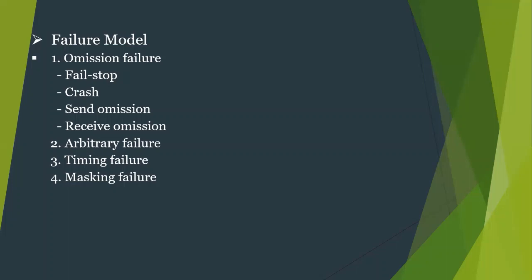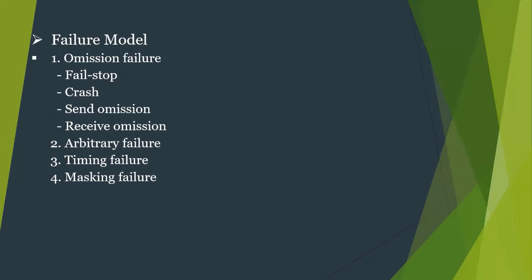Next is timing failure. These failures are relevant in synchronous distributed systems. In a synchronous distributed system, time limits are set on the basis of three time values: the process execution time, message delivery time, and clock drift time.